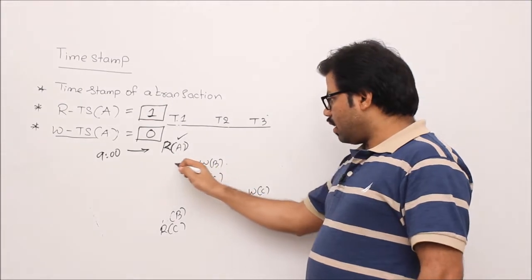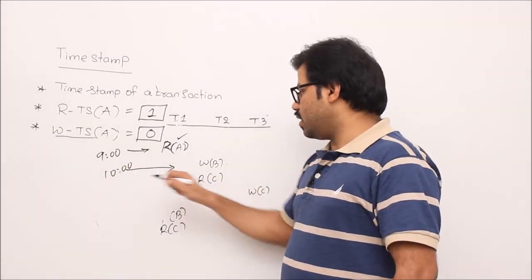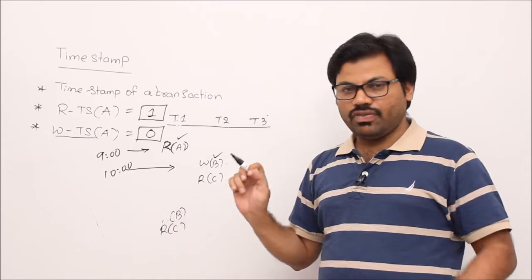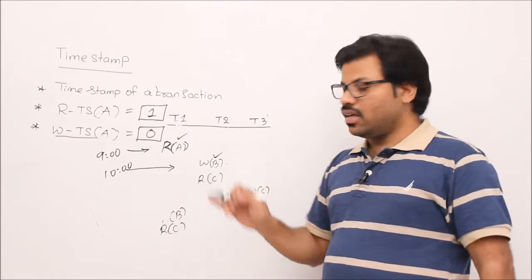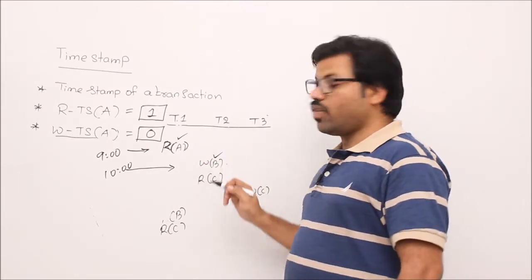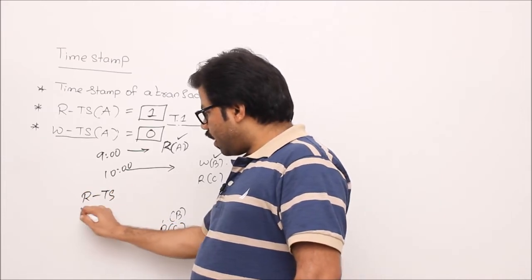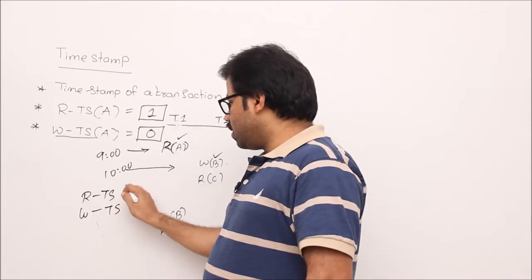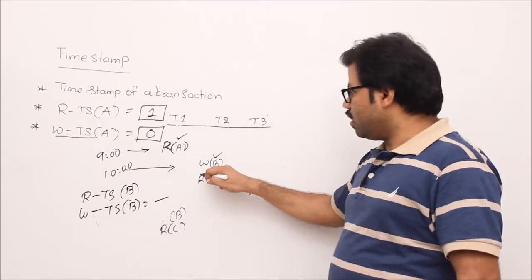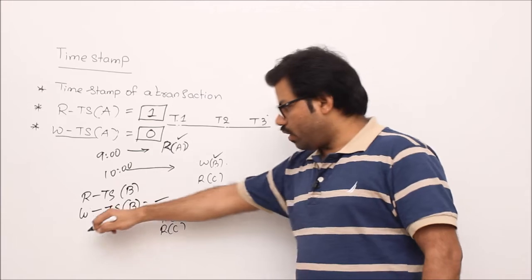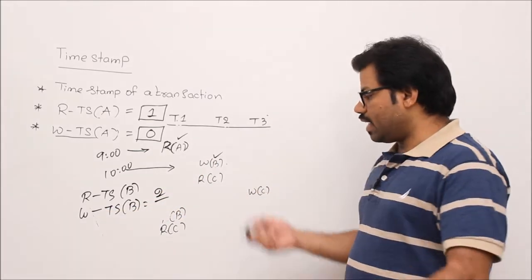Next, whenever the time is at 10 o'clock, assume that this operation is done. If this operation is done, then I can say that T2 is one of the writers of B, and we are going to update the write timestamp of B. Since the writer T2 wrote it, this will be the recent one, otherwise the youngest one.